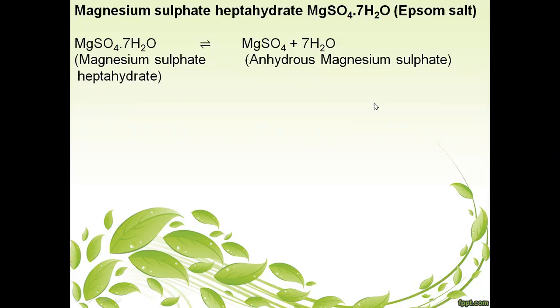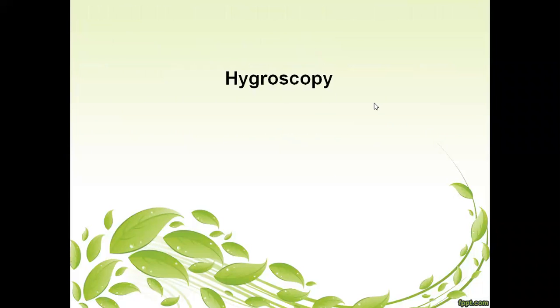So the next one is hygroscopy. We already discussed hygroscopy. Hygroscopy means that certain substances, when exposed to the atmospheric air at ordinary temperature, absorb moisture without changing their physical state. Such substances are called hygroscopic substances, and this property is called hygroscopy.